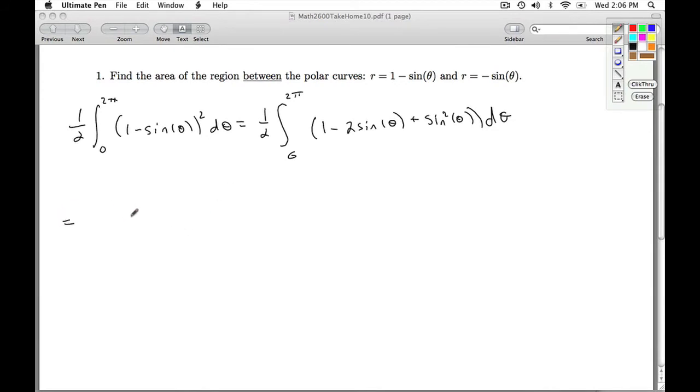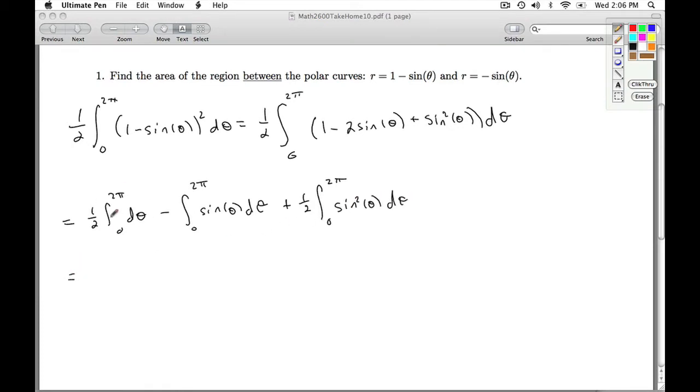Then I can split this integral up. 1/2 integral 0 to 2 pi 1 d theta, minus 1/2 times 2 integral 0 to 2 pi sine theta d theta, plus 1/2 integral 0 to 2 pi sine squared theta d theta.